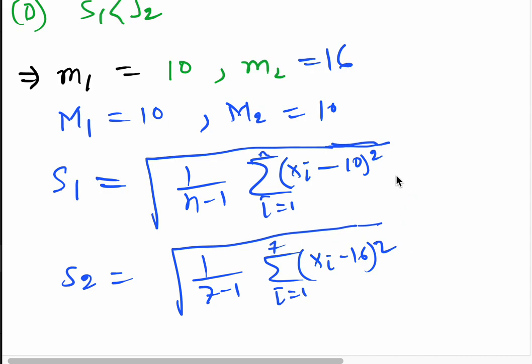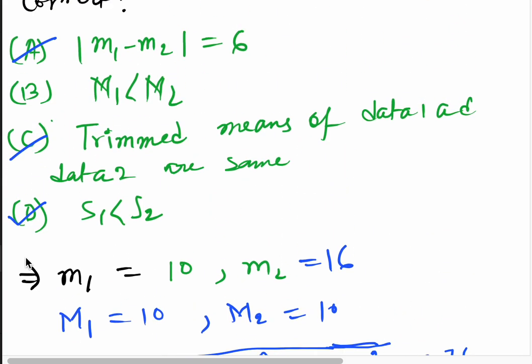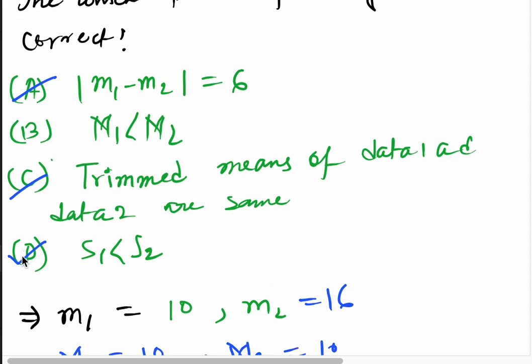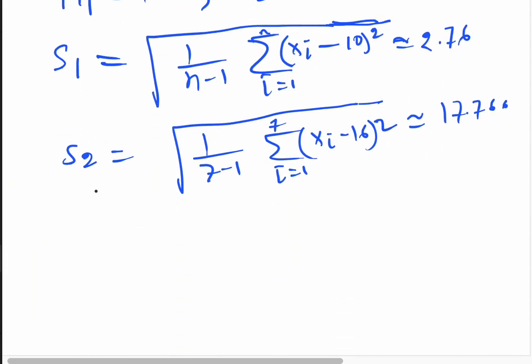So you'll get this is 2.76 and this is 17.67. So S1 is less than S2, that is also true. So only option B is not correct. So that's it. Now let's move toward the next question, question number 8.